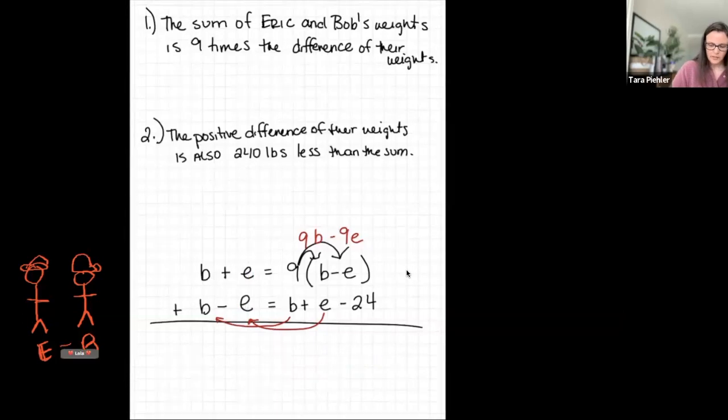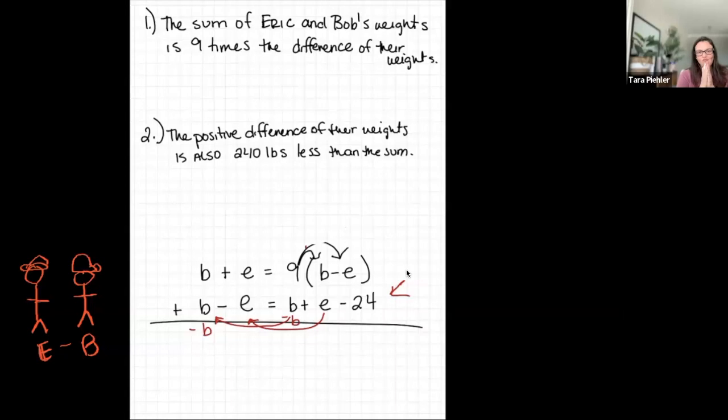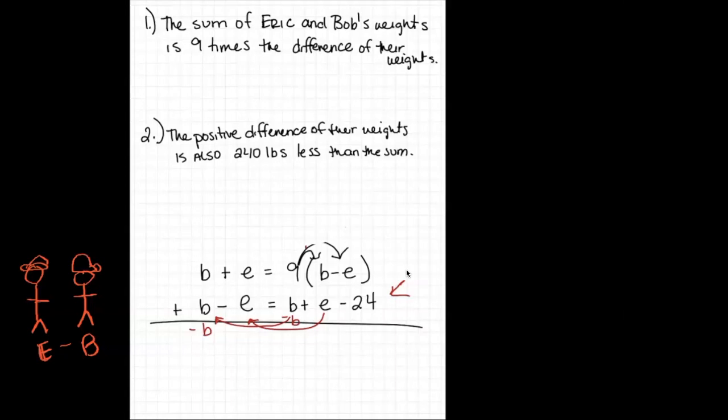Actually, I'm not going to do this yet. You know why? Because I'm looking at this equation. If I take this b and put it over here, what happens? 2b minus 2b equals negative 240, so it can't be 2b. Oh, we're subtracting a b.